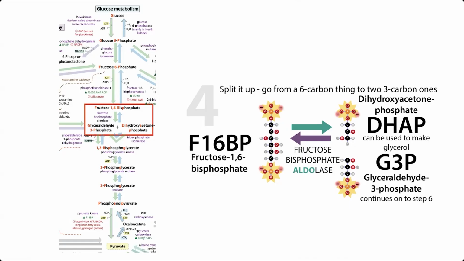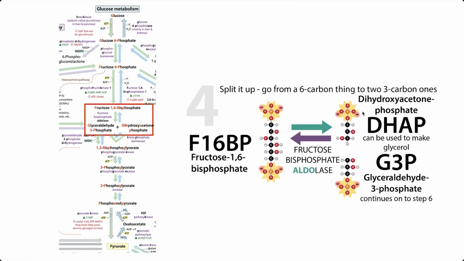It's really helpful to convert these bigger pieces into smaller pieces because these smaller pieces can be used for more pathways, and you can just do the same process twice with the same enzymes. But then you can ship the smaller pieces off in different directions.